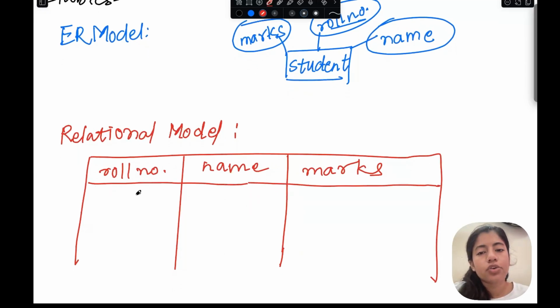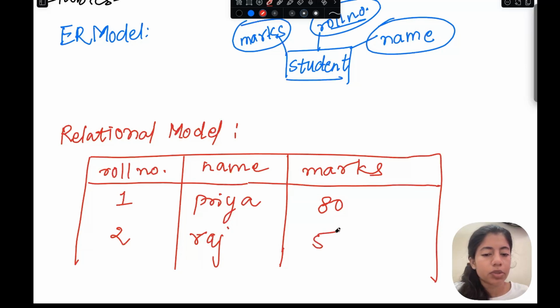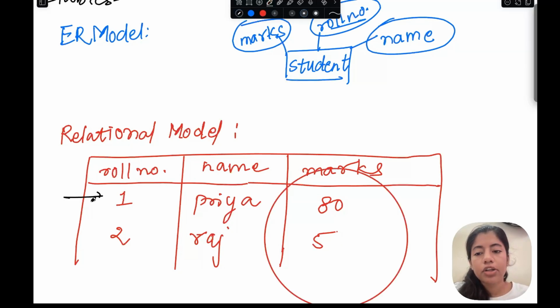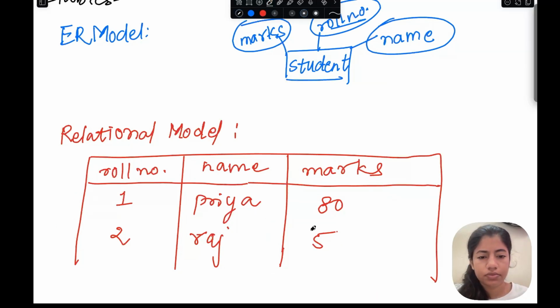Now consider a scenario where roll number 1 is Priya and has got 80 marks, and roll number 2 is Raj and has 50 marks. These are two particular examples, and they correspond to two different entities, right?